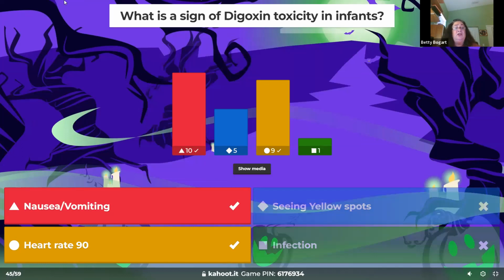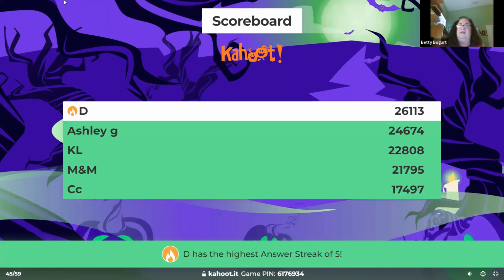You're going to see nausea, vomiting, and you're going to see the heart rate. You're going to say, how nausea? They tend to retch when they're nauseous. Are they going to tell you they see yellow spots? That's adults, okay? That's the difference. They can tell you yellow spots. An infant is only that vomiting, that nausea, retching, and the heart rate. And of course, if there's a digoxin level.